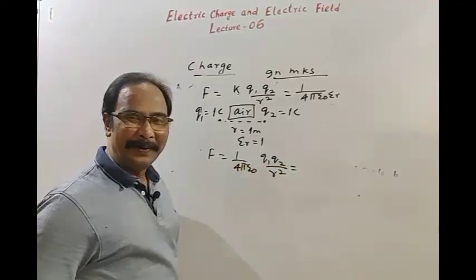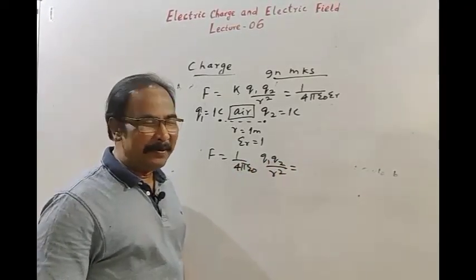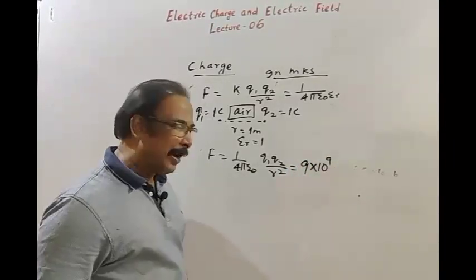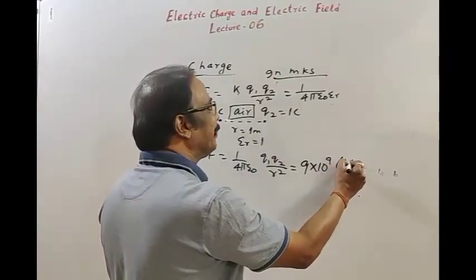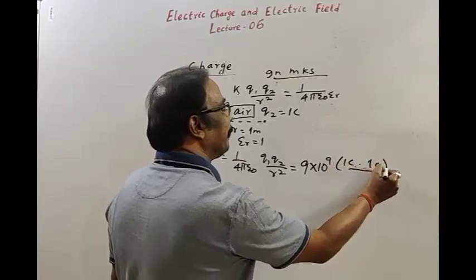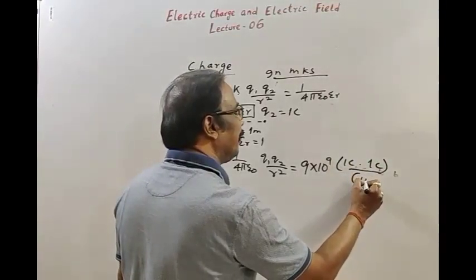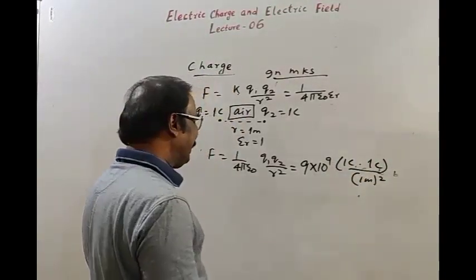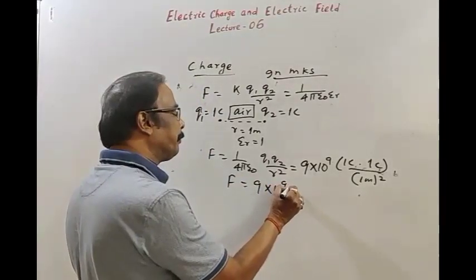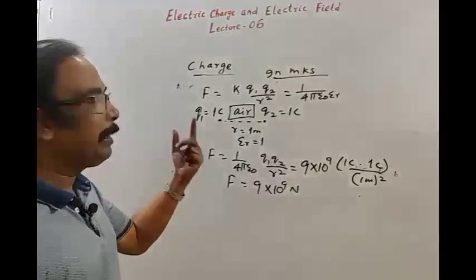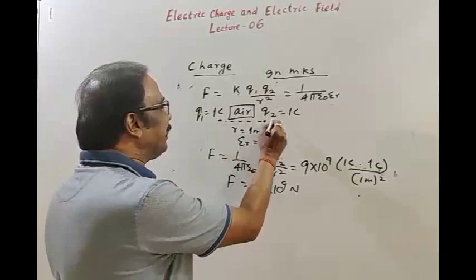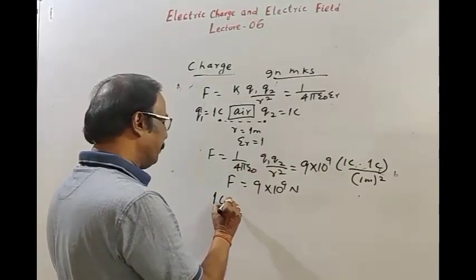And as we know, 1 divided by 4 pi epsilon 0 is 9 into 10 to the power 9. Again Q1 is 1 Coulomb, Q2 is 1 Coulomb divided by 1 meter square. And finally we will get the magnitude of force as 9 into 10 to the power 9 Newton in MKS or in SI. Okay. Thus from this you can define 1 Coulomb.